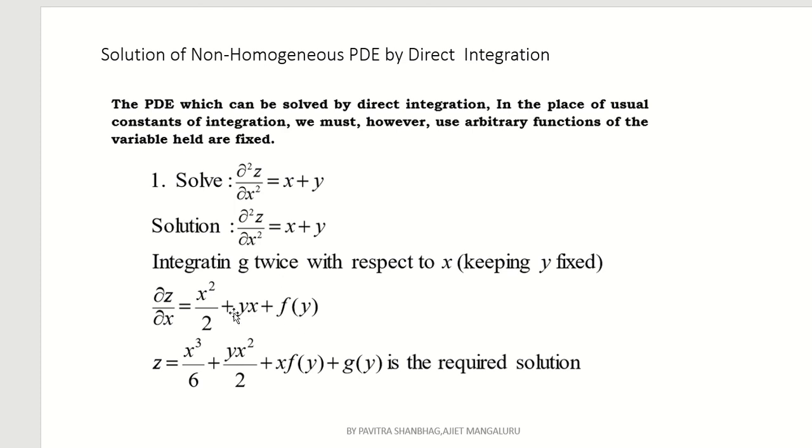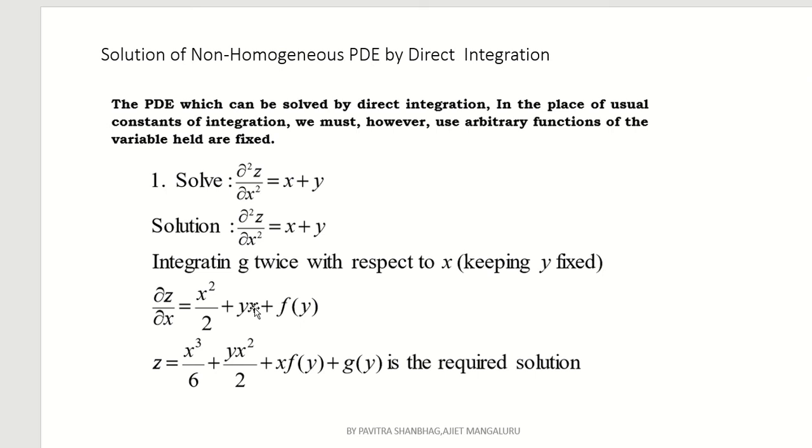Okay, now again what remains? Dou z by dou x remains. So what we need to do? Once again we have to integrate with respect to x, so that z part only remain. Again integrate with respect to x, z equal to integration of x square is x cube by 3, right? X cube by 3 into 2 here denominator, so 3 into 2 is 6. Again integration of yx dx, so y constant keep as it is, y outside.